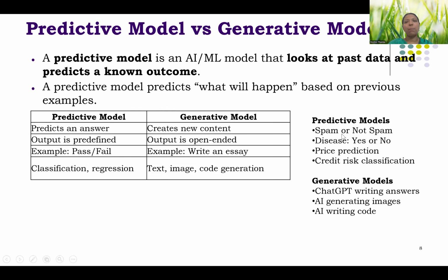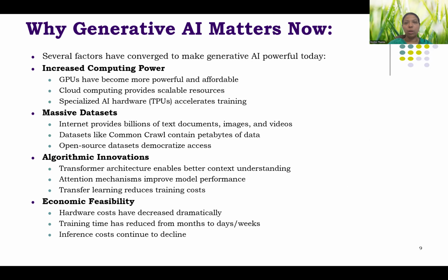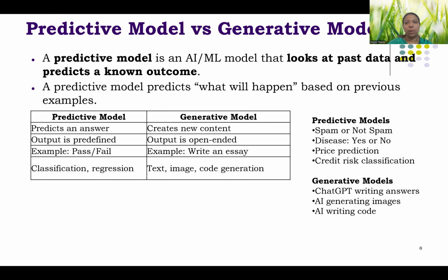All these are examples of predictive models like ML models, machine learning. But generative AI means it is able to generate new images, new content, new answers, new code, new video, new synthesized music, all these things. Okay, so this is all about predictive models and generative AI models.